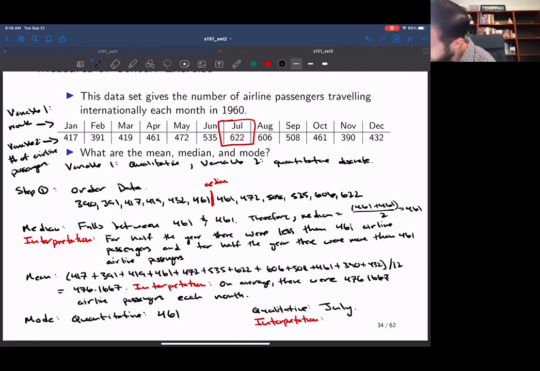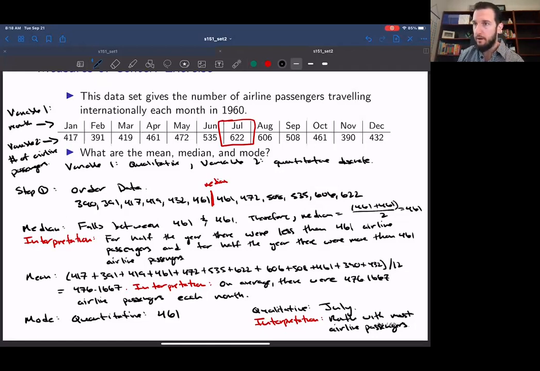And so this would be month with most airline passengers, right? So again, for the qualitative variable, this is actually a pretty straightforward interpretation, because we're literally just describing the month of the year that had the most airline passengers, which in this case is July.